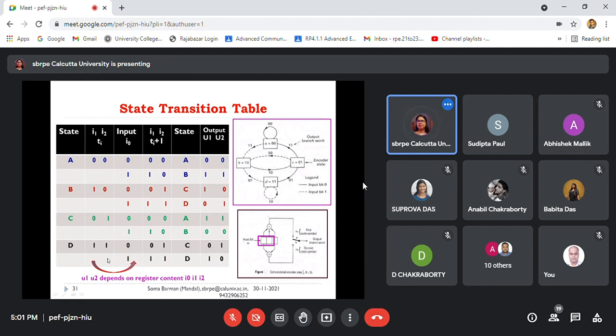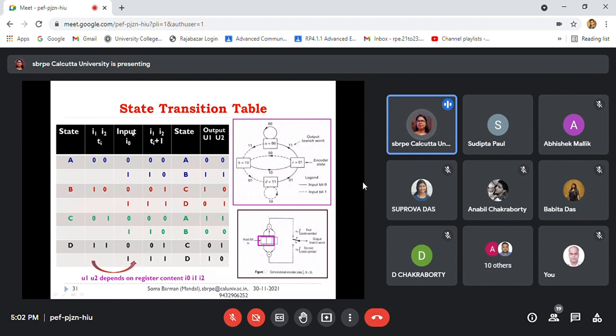Okay. And the next input coming is represented by I naught. This is the message, and this is your memory. Clear? So the outputs U1 and U2 depend on this input I naught as well as the memory of your machine.